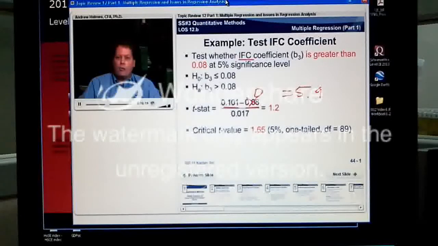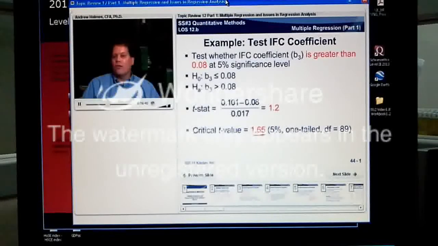So we know that we feel comfortable saying this is statistically different from 0, but now, for some reason, and we don't have to know why, we can make up any hypothesized value. We want to compare that coefficient to 0.08, so we take the estimated variable, subtract off the hypothesized value, and divide by the standard error. We get a t-stat of 1.2. What does that tell me? We can't conclude with 95% confidence that this variable is significantly different than 0.08.